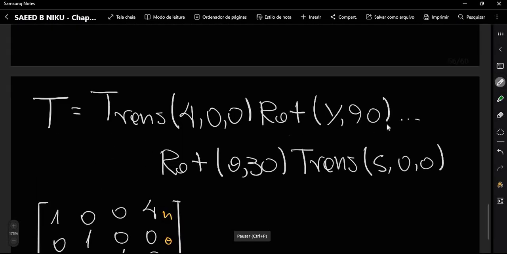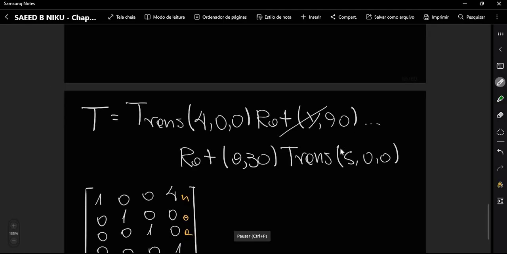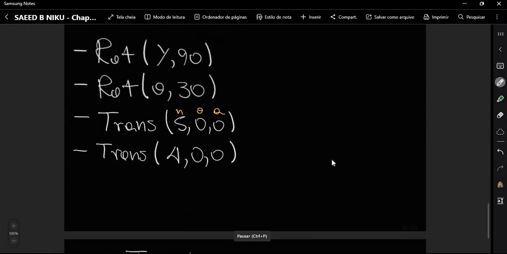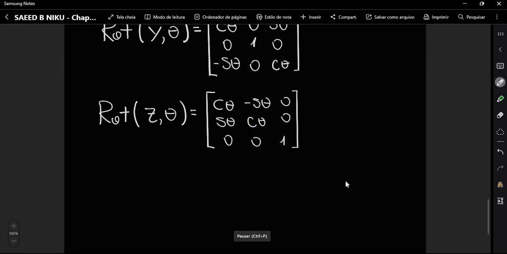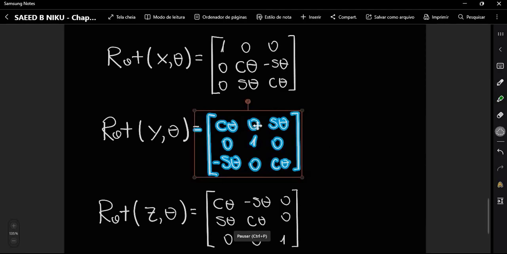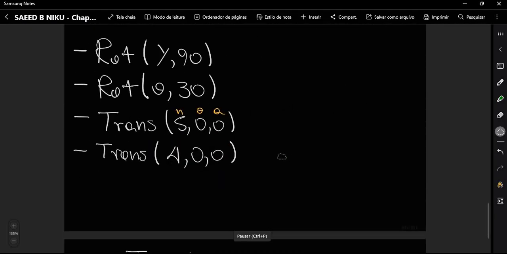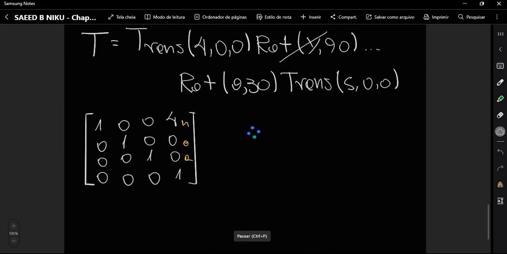And a rotation around the axis Y. So let's see the characteristic matrix of a rotation around the axis Y, and it is of 90 degrees.